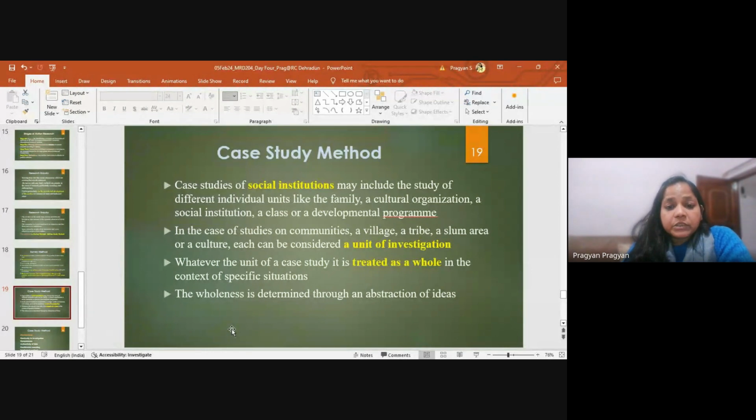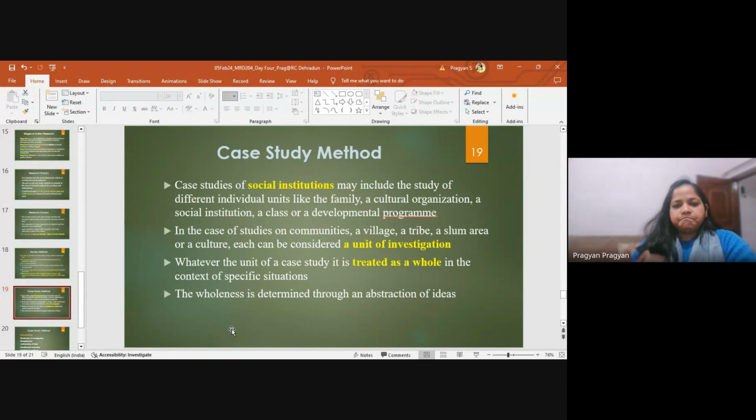The number has to be the least in a case study, but it is intensive in the sense that it is covering the whole process of facing challenges and overcoming those challenges related to any particular development program.